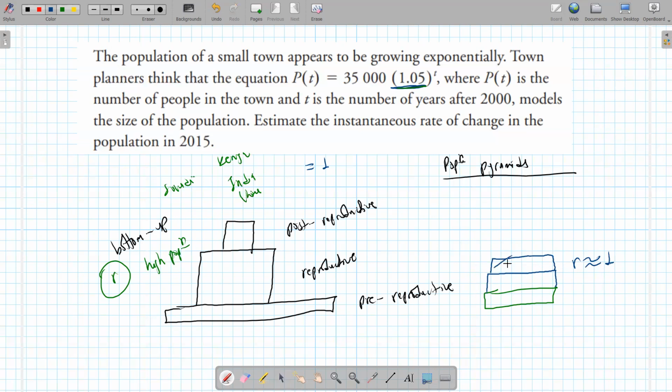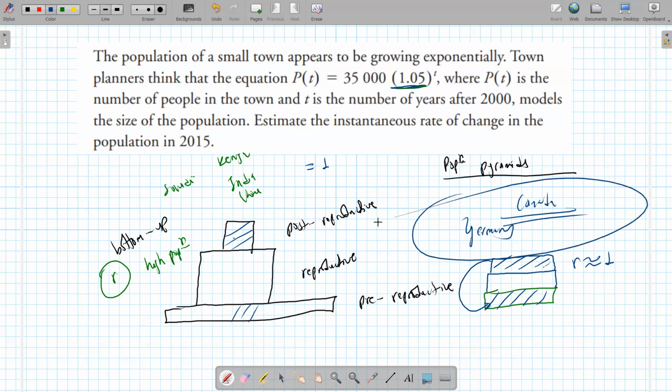These people are going to eventually die off, but they will be replaced almost one-to-one by the children. Over here, these people are going to die off, but there are more than enough kids to make up for that. That's why the population is going to go up. What's a good example of R is 1? That's Canada. Another one, Germany, maybe. These are constant. The population is not growing too hard.